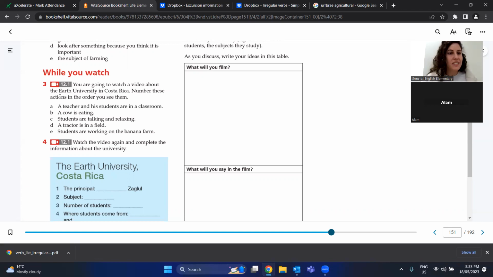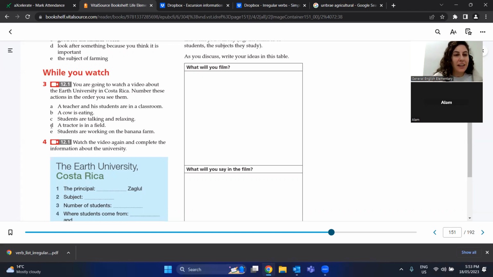So number 1 was a teacher and his students are in a classroom. Yeah. Mine is a tractors in the field. No, teacher and students. Yeah, I know. That's what's for me, D. But then here I'm looking and it's like, okay, A.